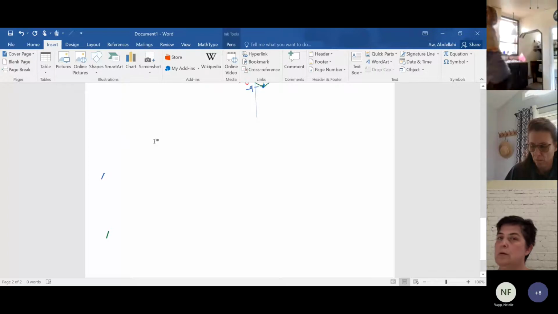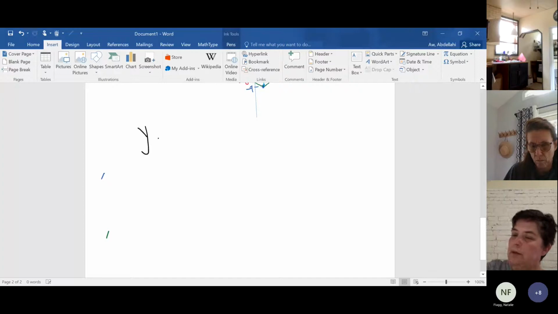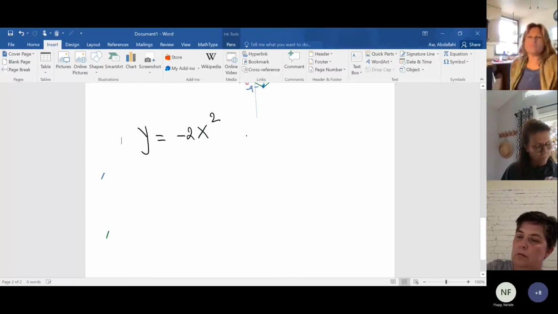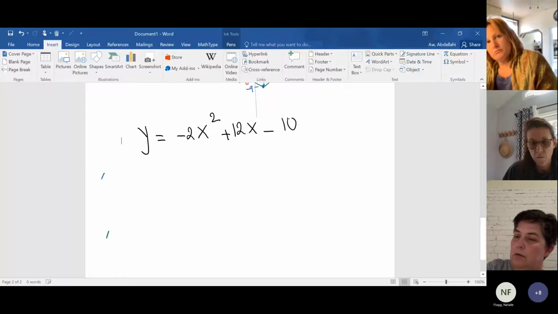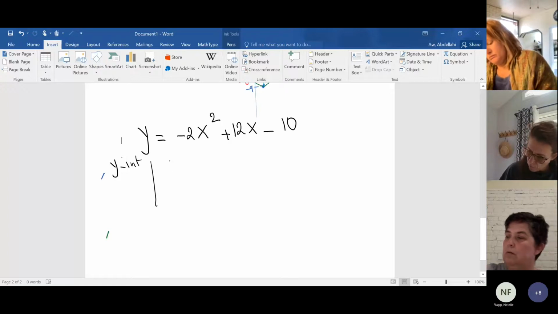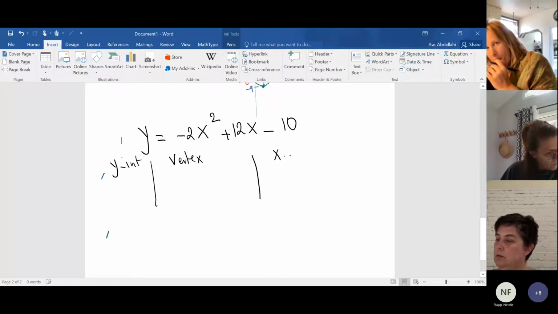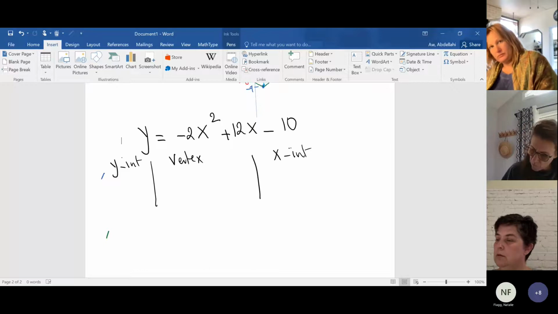Find the vertex, x-intercept, and y-intercept of y equals negative 2x squared plus 12x minus 10, and then graph. I give you some good 6, 7, 8 minutes for everybody to try that by themselves, please.